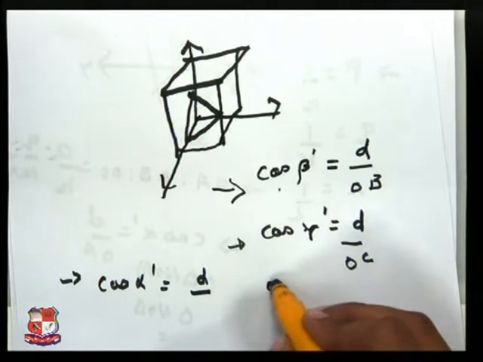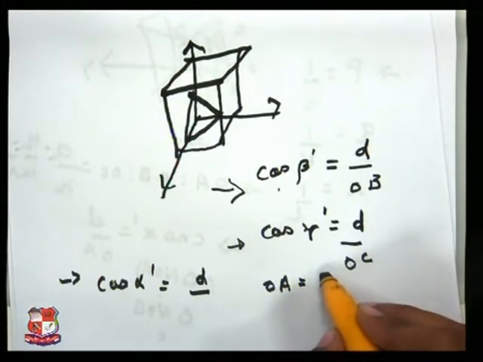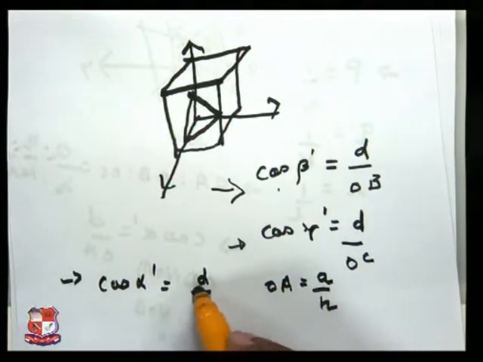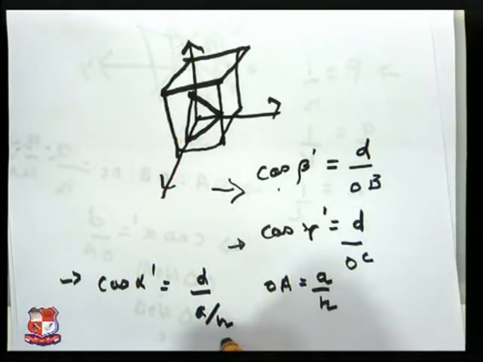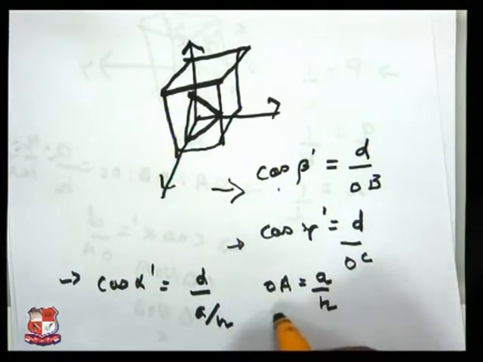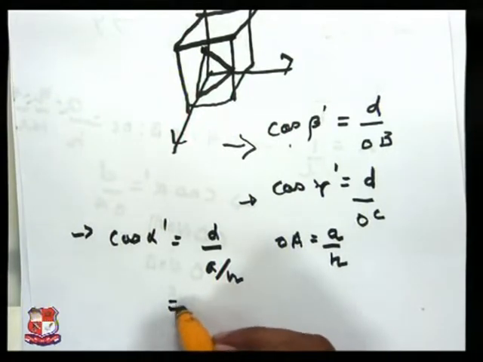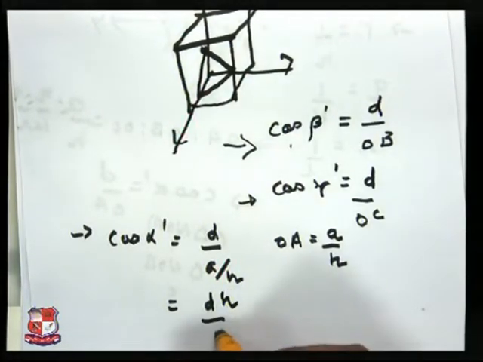That means OA is equal to a upon h. H is in the denominator, so it will go into the numerator. We can write that cos alpha dash is equal to dh upon a.